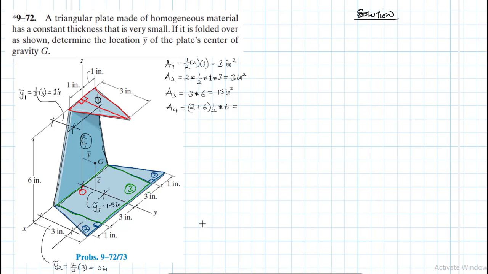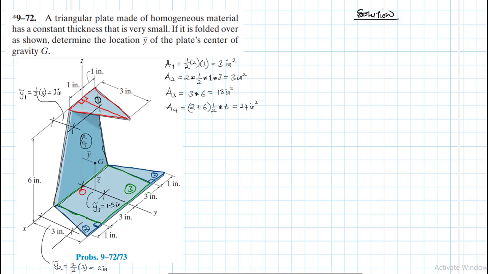So it's 2 plus 6 times half times 6. This gives us 24 inches squared. Alright, so we have everything.